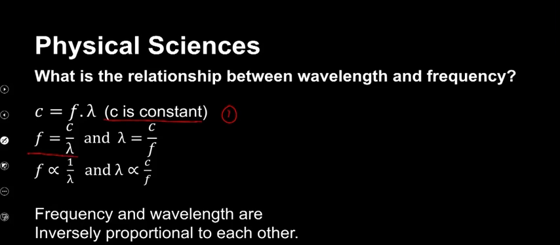We could have also divided both sides of our equation 1 by the frequency to get that the wavelength is equal to the speed of light divided by the frequency.